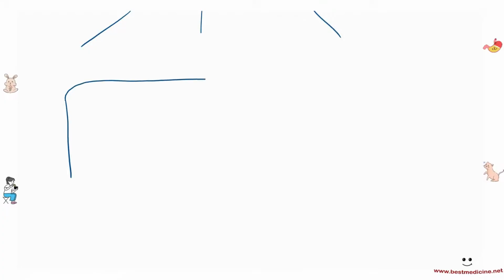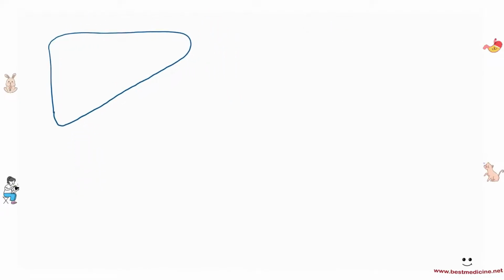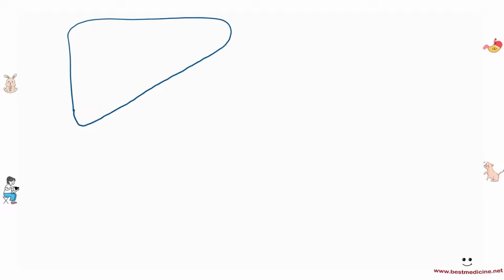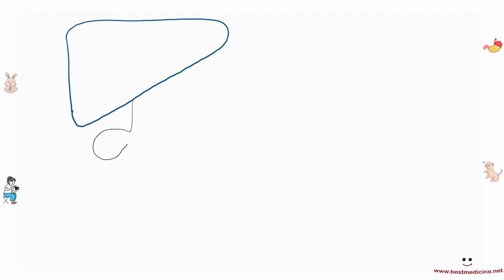I know it's a little bit out of proportion, but the liver is situated on the right upper quadrant of the abdomen. Now what the liver does is that it secretes something called bile, and bile helps in digestion of fat. So the liver secretes bile, and that bile is going to come in and be stored in the gallbladder that is situated just below the liver. Okay, that's the gallbladder.